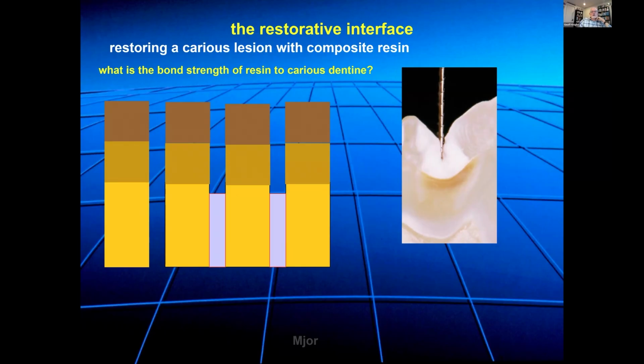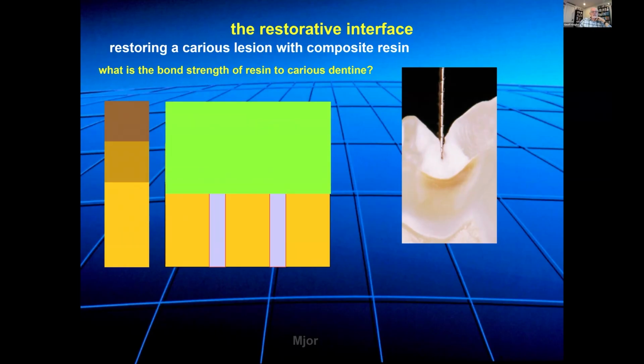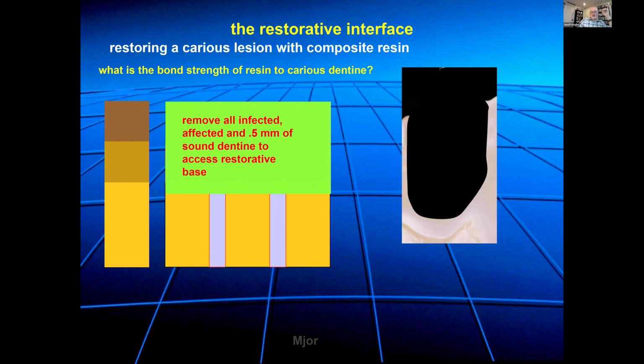So if you're doing a composite resin restoration, you've got to take away all the infected and affected dentine, and to make sure you've got a sound restorative base, you've got to take a little bit of sound dentine away. It's a fairly substantial cavity preparation, restoring with straight composite resin.